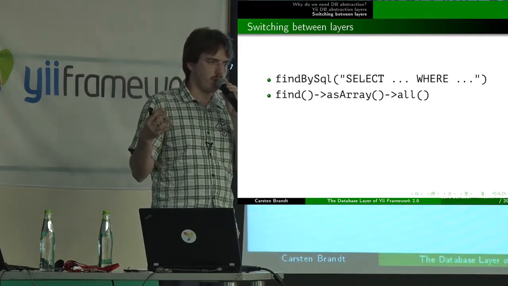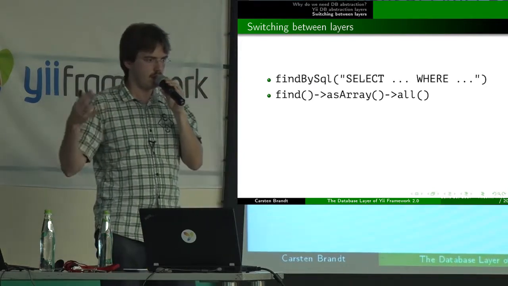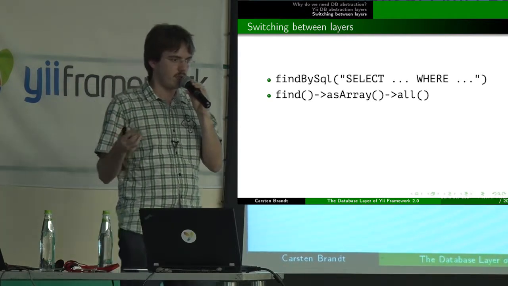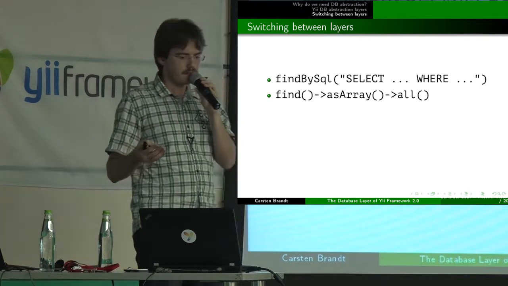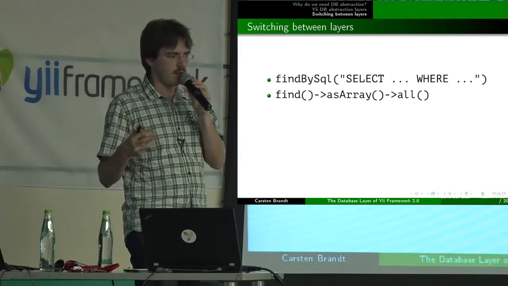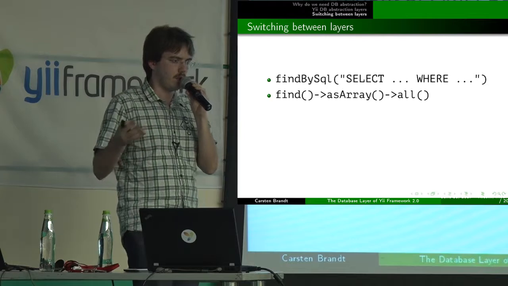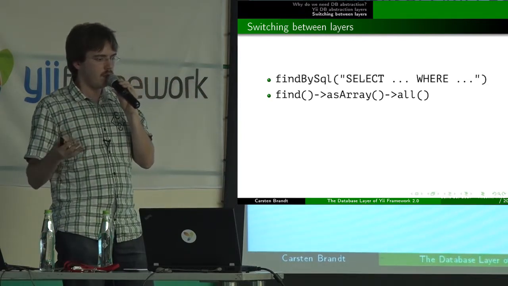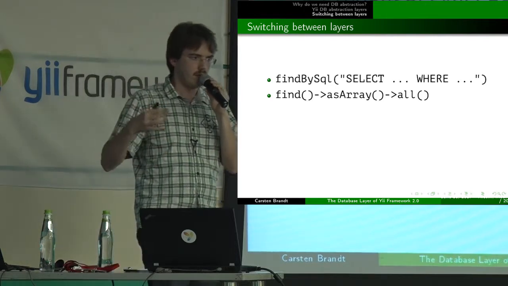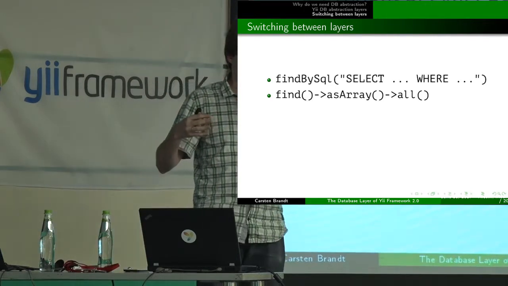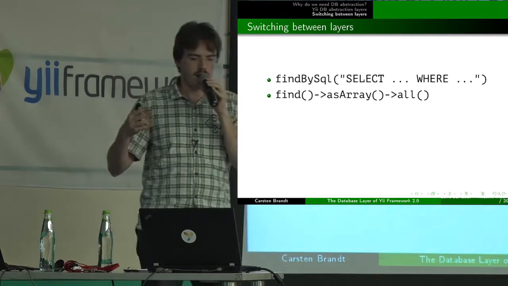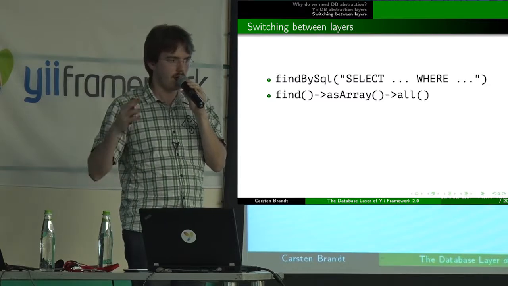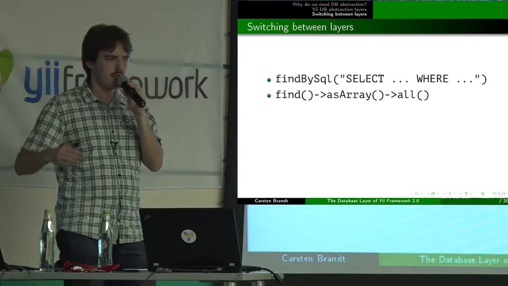The ActiveRecord knows which table it belongs to, so it knows the table schema, and it also knows which columns need to be integer, for example, or which columns are Boolean. And ActiveRecord will convert these types, so in PHP you will end up with an integer or a Boolean for these columns when you have an ActiveRecord. But if you do asArray, you lose this information, you do not have the connection to the record, and this will result in the result being only strings. So this is something you need to be aware of if you're switching between these layers.